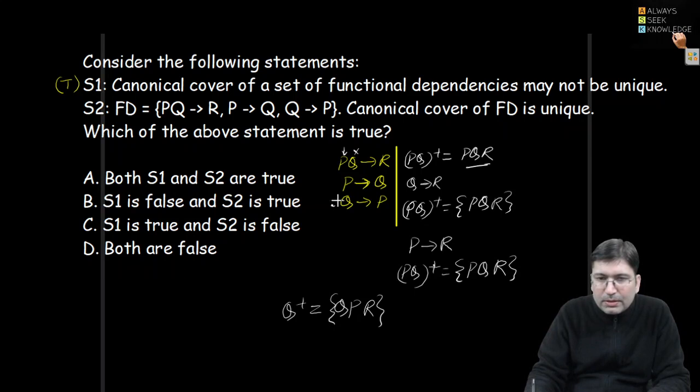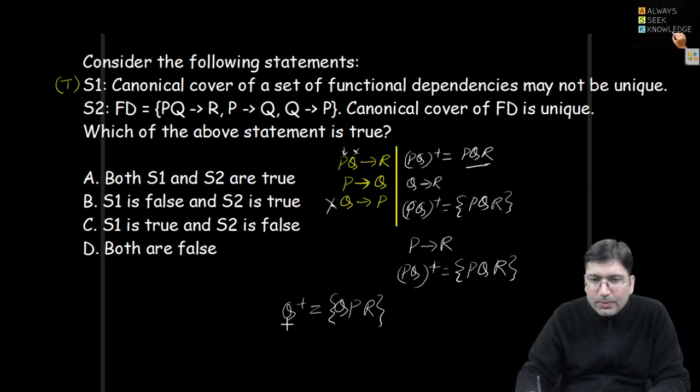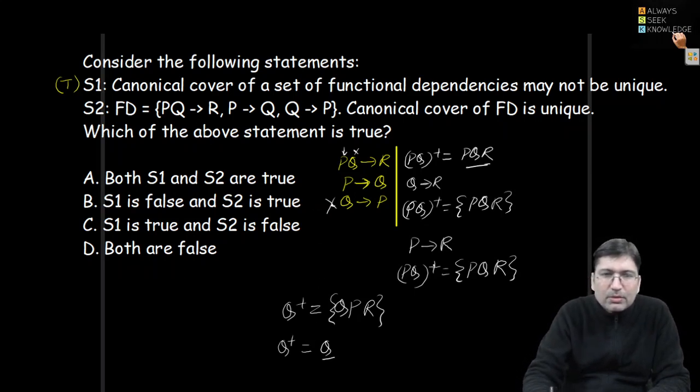Now if you do not consider this rule, Q implies P, and you calculate the closure of Q, you will be able to derive only Q, nothing else, because this rule is missing. So that means this last one is also an essential functional dependency. We cannot remove it.